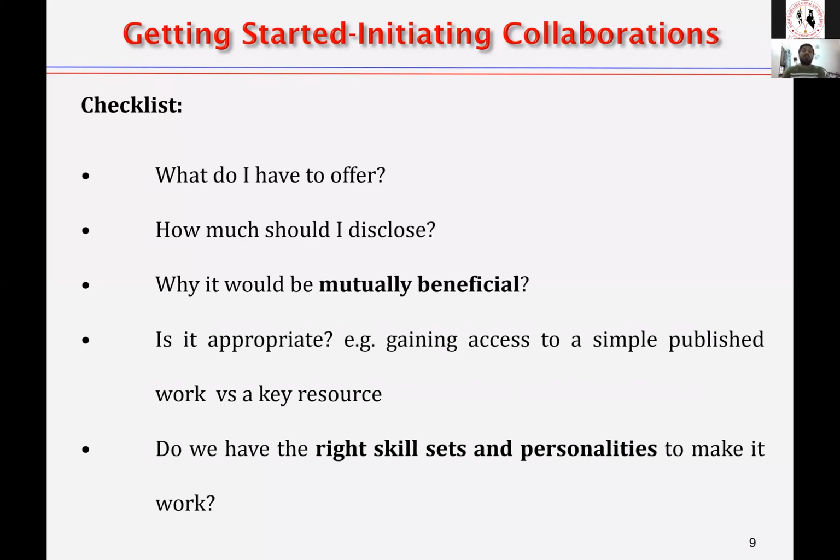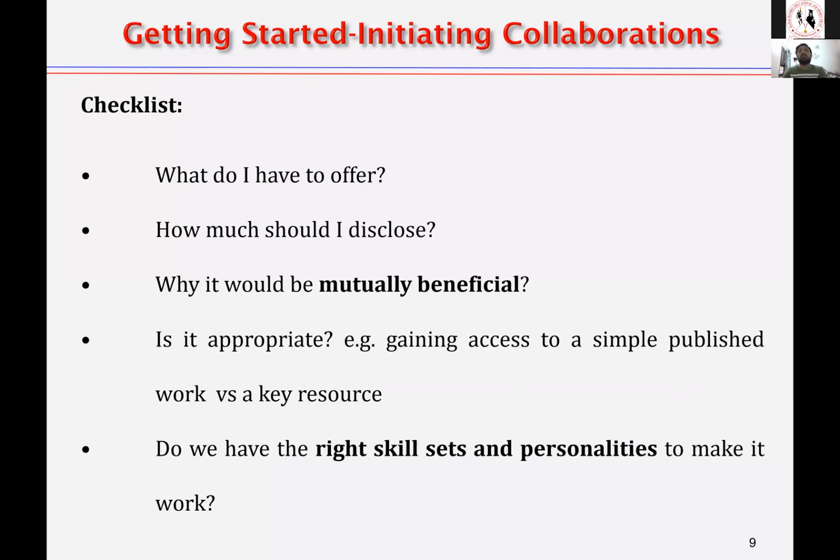What do I have to offer in a collaboration? One should know that. And how much you can disclose in the beginning itself. Will you open all your cards and tell everything and then wait for the other party's expertise? These are crucial things to understand.